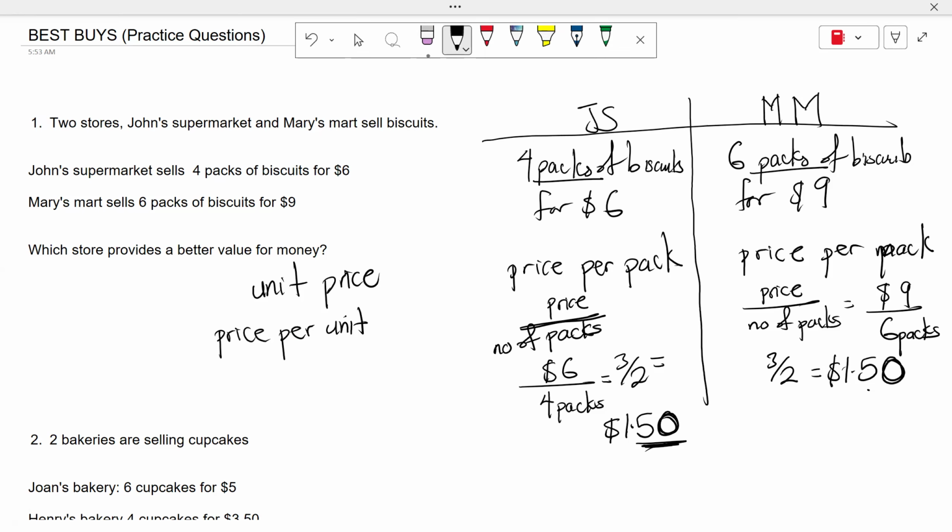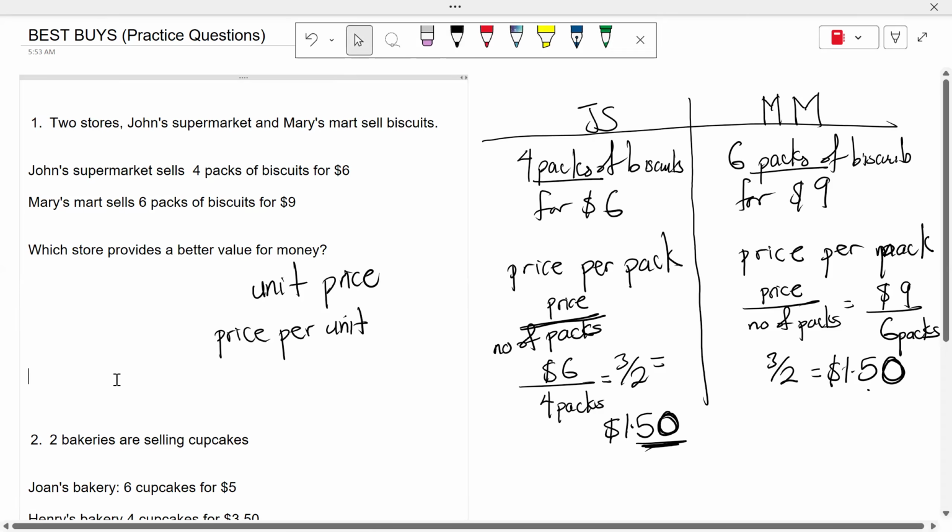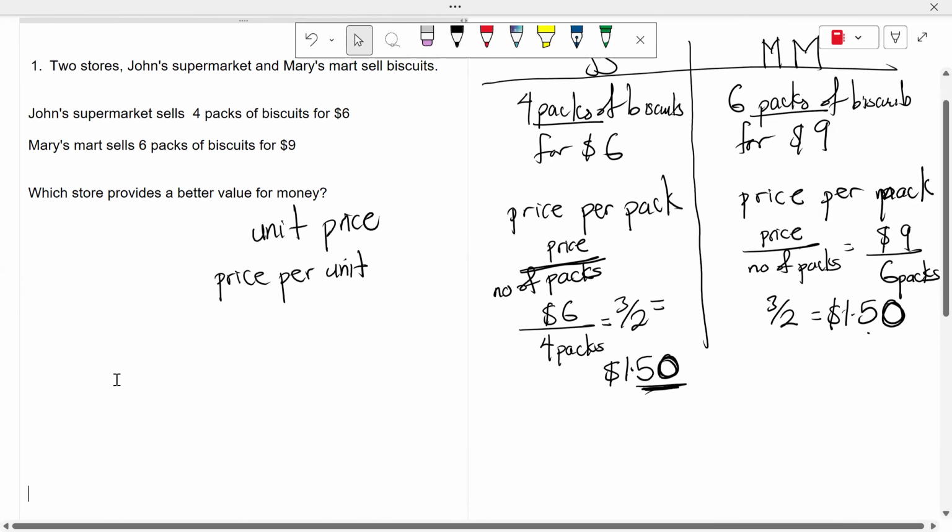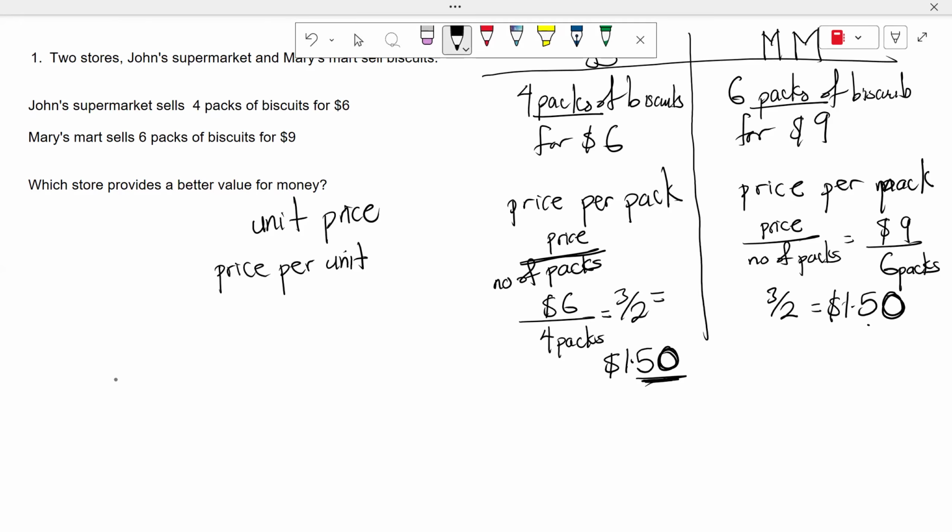There isn't a benefit of one over the other, so it's just up to you now. So that's it for this one.